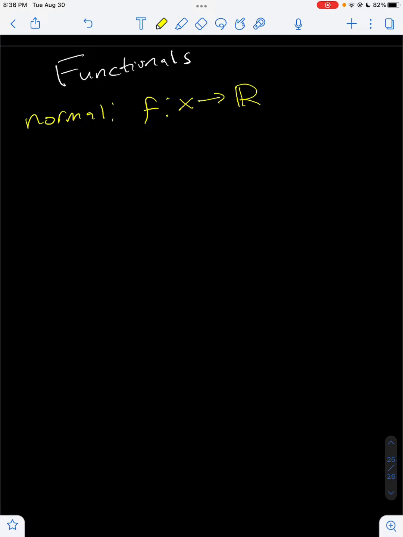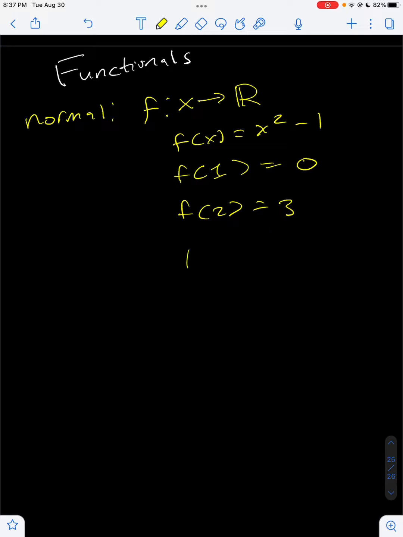We're talking about real valued functions and real valued functionals throughout this entire video, by the way. So a function just takes in one input and gives an output, right? Pretty simple. Like f of x equals x squared minus 1 is a function because it takes in values of x like 1 and assigns it a real number, 0. F of 2 is going to be 3. F of 3 is going to be 8. You get the idea.